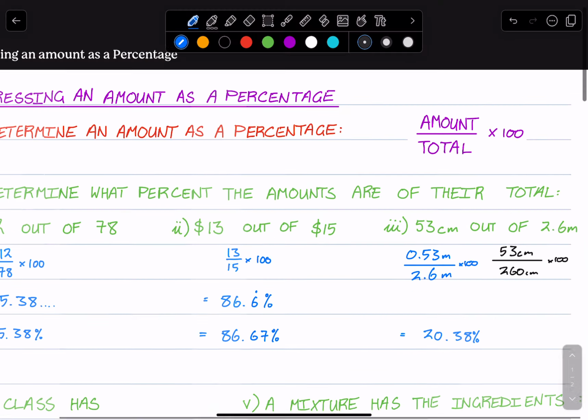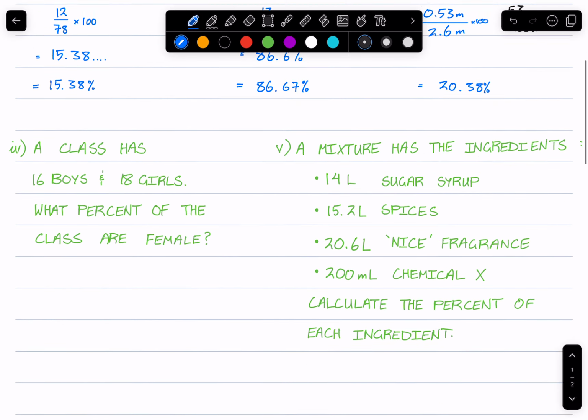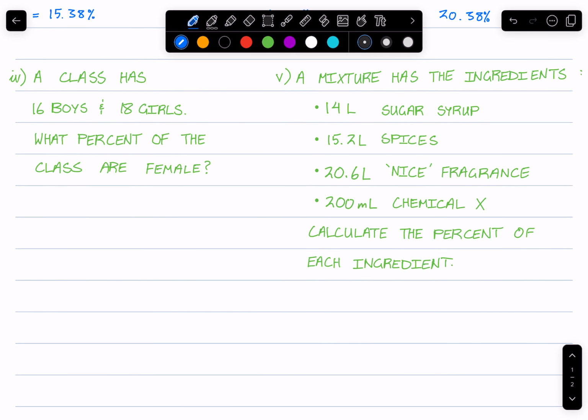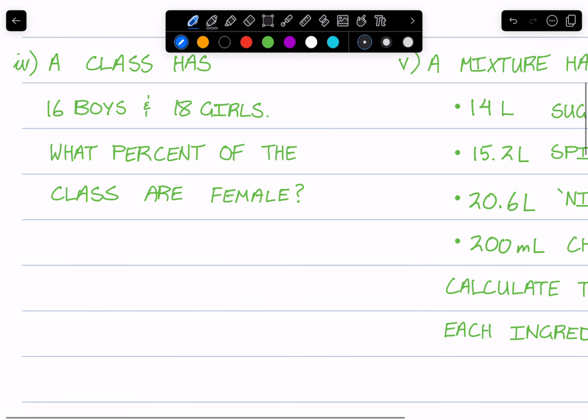All right, so these first 3 examples, very straightforward. But in the next set of examples, you'll see that they're still very straightforward, in that we are not being told what the total is, but that's just a simple calculation that we have to do. So here we go.